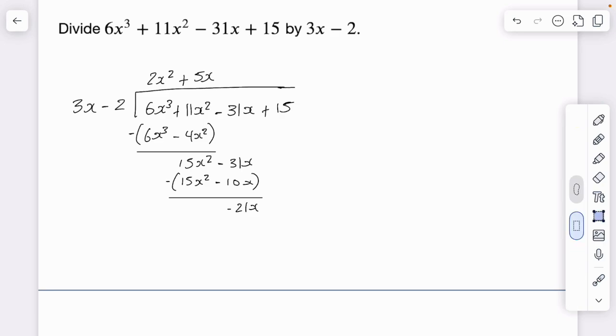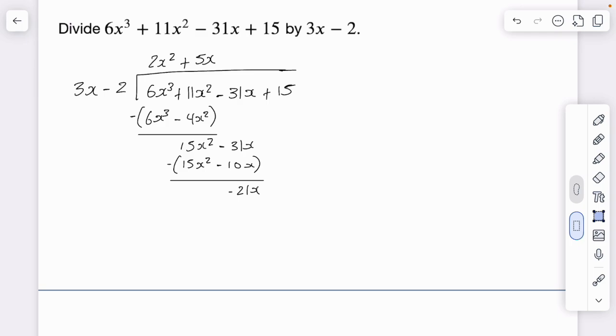Let me move this up a little bit. Now 3x going into negative 21x, that goes in minus 7 times. And again, we've got our brackets. Negative 7 times 3x is negative 21x. Negative 7 times negative 2 is plus 14.